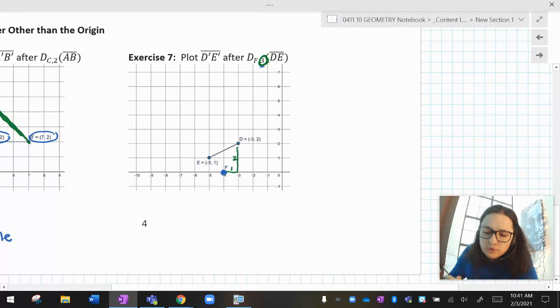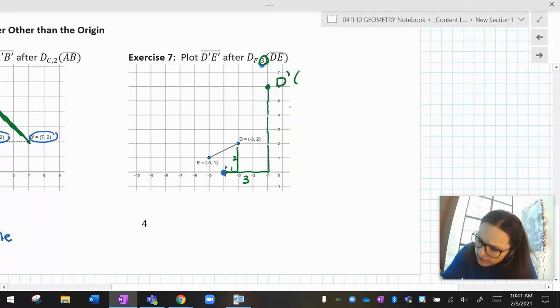If I dilate those numbers by 3, I have to go right 3, up 6. 1, 2, 3, 4, 5, 6. So this is now D prime, and that's the point -1, 6.